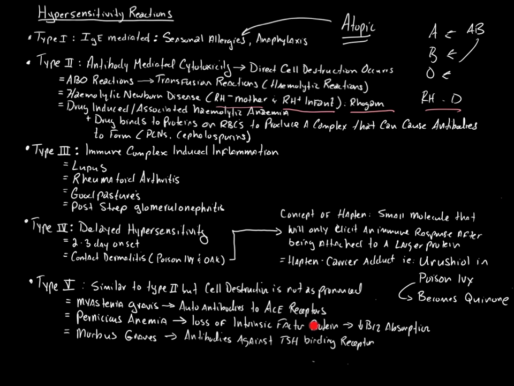But if this receptor were to become compromised through this autoimmune response, then the body won't know to stop producing TSH, and more TSH will be produced, and that will cause a hyper response of the thyroid, and the thyroid will release too much thyroid hormone, and that can lead to this specific type of hyperthyroidism.